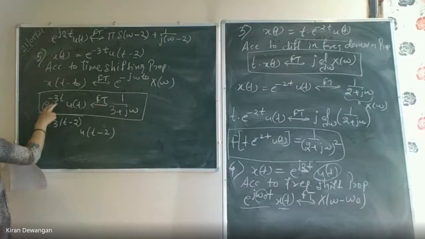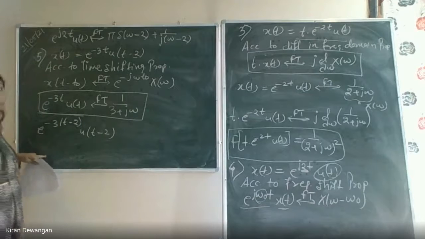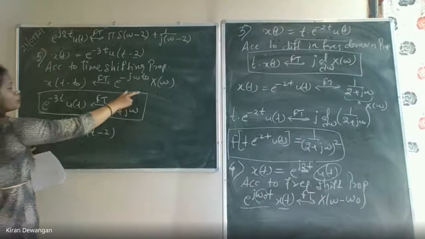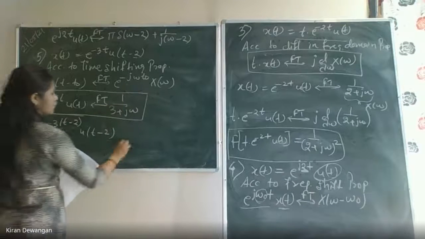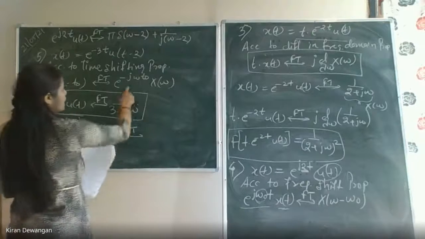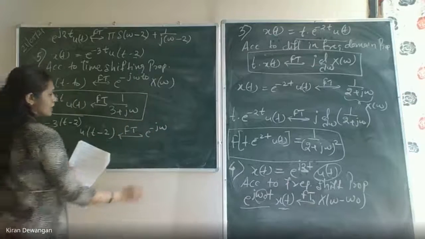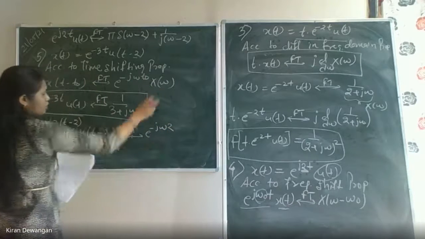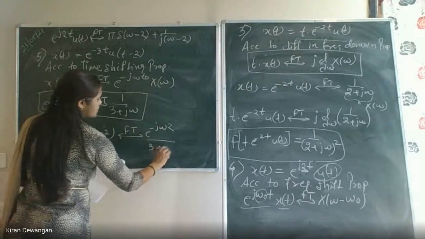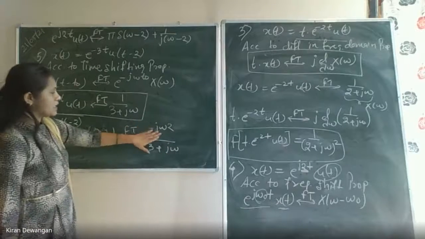How much am I shifting? By a factor of 2, t minus 2, this becomes u of t minus 2. Now what would be my output, that is, the Fourier transform of it? It will be e to the power minus j omega, now what is t naught? T naught is 2, and X of omega is 1 by 3 plus j omega. So this is what I will be getting: e to the power minus j omega 2 over 3 plus j omega.